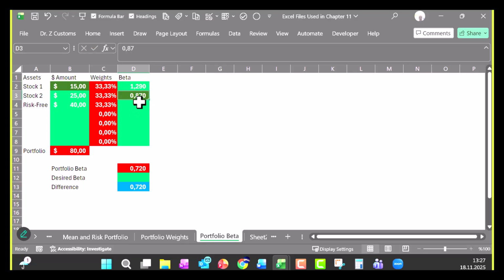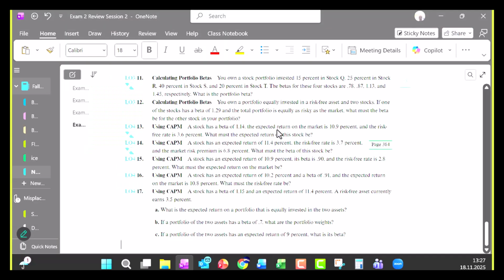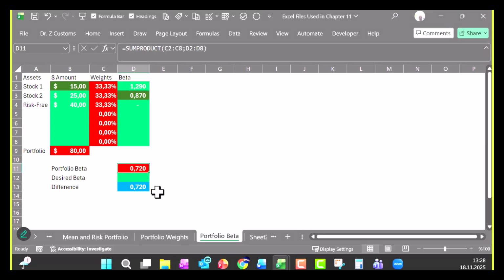The second one, we don't know, but the objective is to figure out that beta such that the beta of the portfolio is the same as the market. So what's my desired beta?